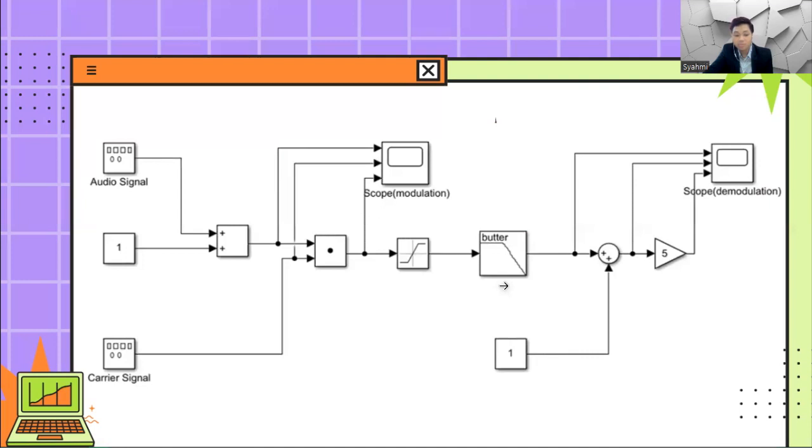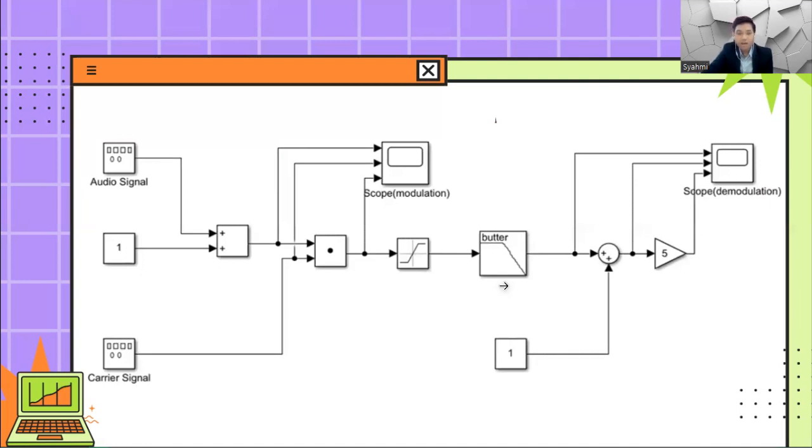The purpose of the low pass filter is to attenuate or remove these high frequency components, allowing only the baseband message signal to pass through. By filtering out the high frequency components, the low pass filter helps in reconstructing the original message signal accurately. Additionally, the low pass filter helps eliminate noise and interference that might have been picked up during transmission or introduced during the demodulation process.